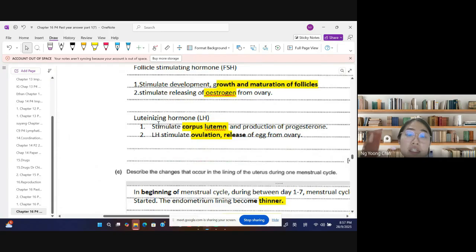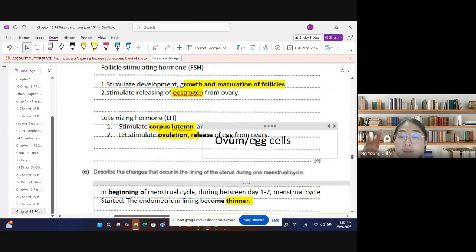It works with luteinizing hormone, which promotes ovulation, which is the release of the ovum or egg cell from the ovary. Egg cell, it's not an egg, sorry, this is my mistake. So the follicle becomes a corpus luteum, which later will produce progesterone.